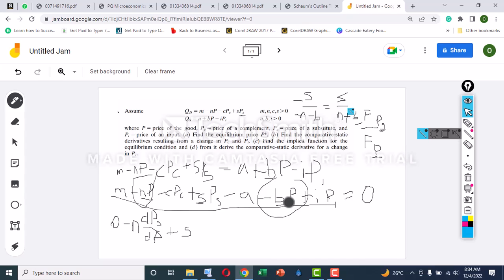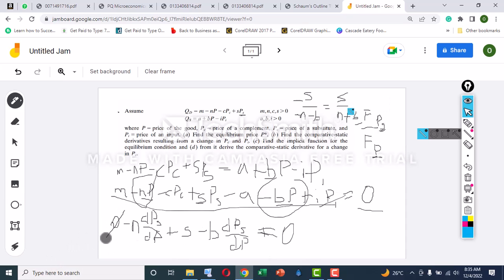So we differentiate with respect to p, then put the dps over dp. That will be minus b dps over dp. Then plus i pi, this is changed to 0, because it is pi, not p, and not ps. So this equals 0.